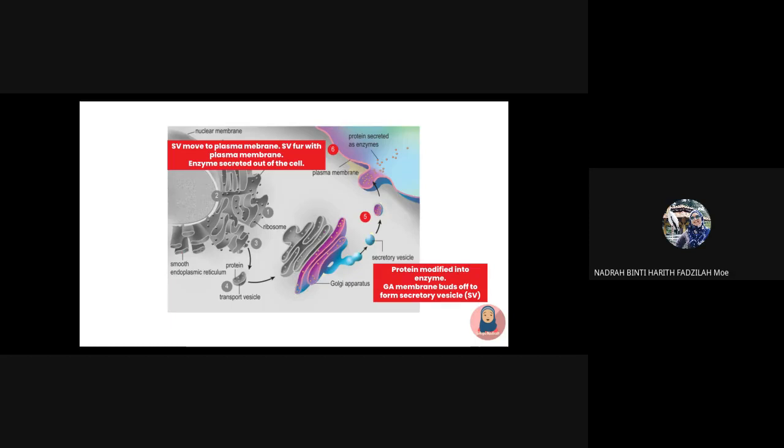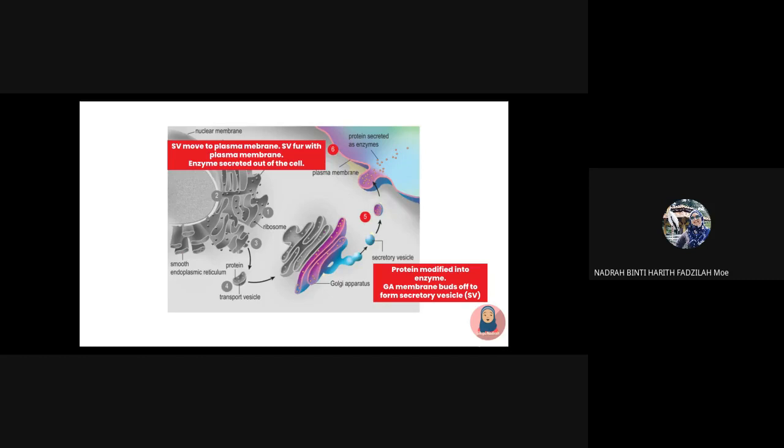So a part of Golgi apparatus will bud off to form another vesicle. So the vesicle is called secretory vesicle. Secretory vesicle will move to the plasma membrane and sekejap ya, kenapa saya tulis secretory vesicle fur with, bukan fur ya, combine with plasma membrane.